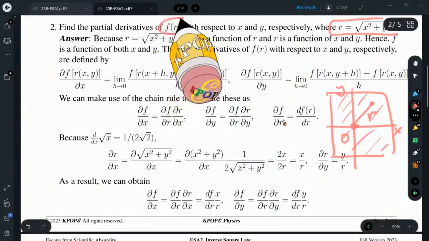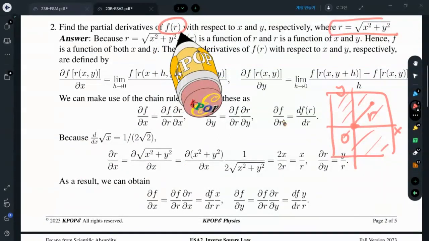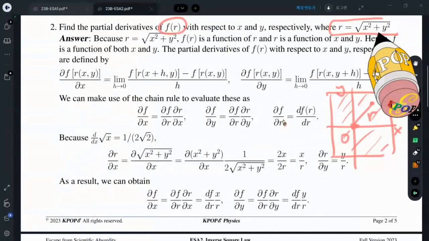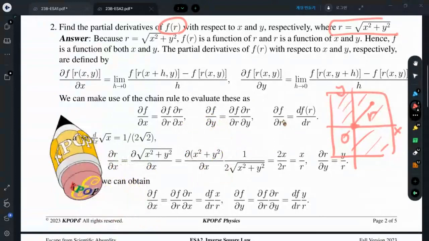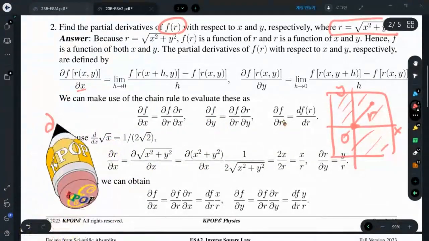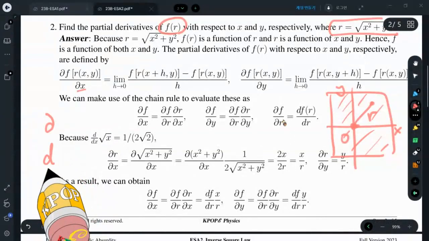And we assume that there exists a function f of r. R is this, and we would like to compute the partial derivative with respect to x and y. Partial derivative, we denote this by the round symbol instead of d, that is for the normal derivative for a single variable function.